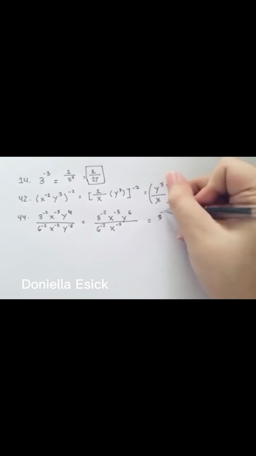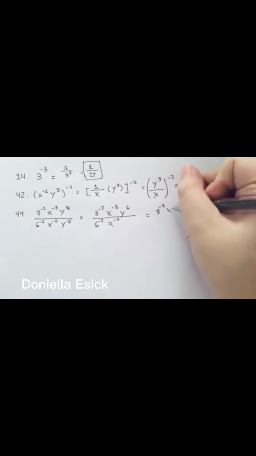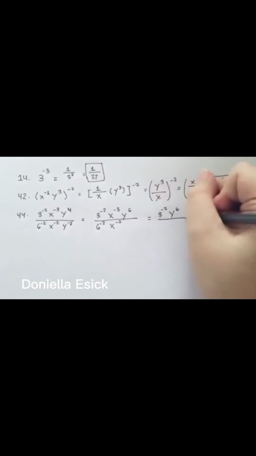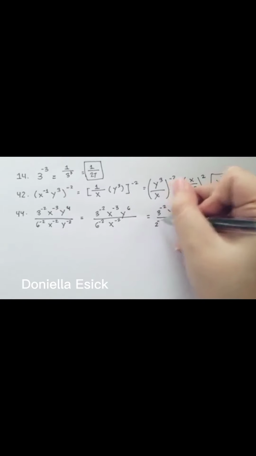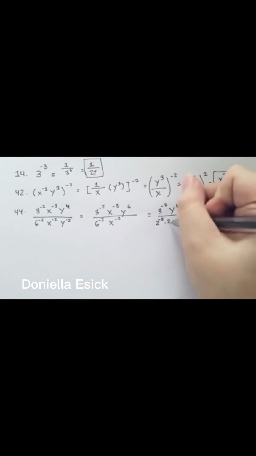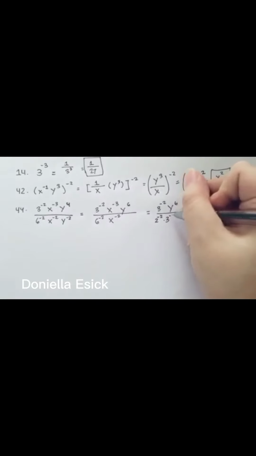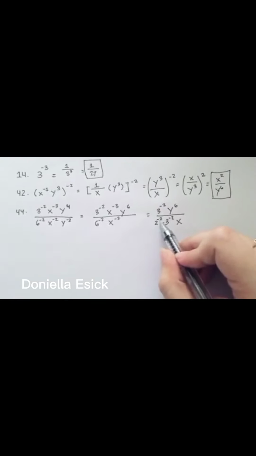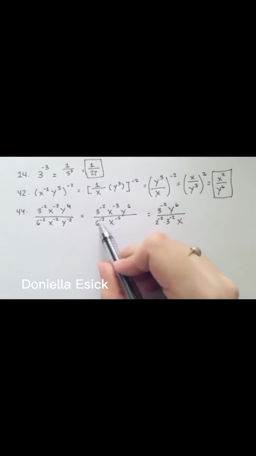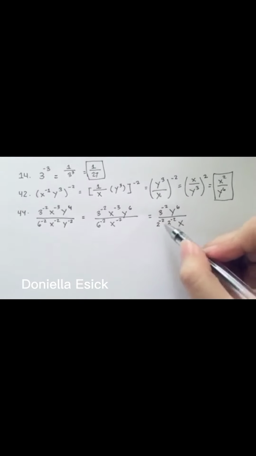So equals 3 raised to the power of negative 2, y raised to the power of 6 over 2 raised to the power of negative 2, and 3 raised to the power of negative 2, and then x. I-copy ra gihapon ang negative 2 nga exponent nga gikan sa 6 kay factors sa 6 ang 2 ug 3.